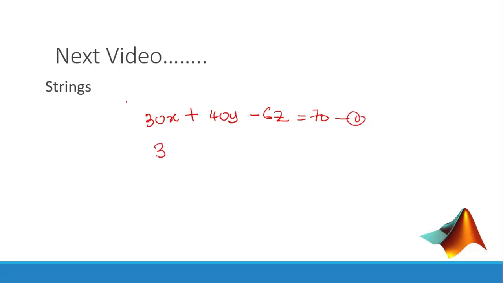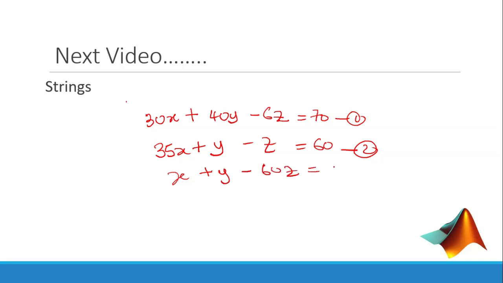Now 35x plus y minus z is equal to 60. That is equation 2. Then x plus y minus 60z is equal to 80. That is your equation 3. So use the knowledge you have acquired to solve this system equation.